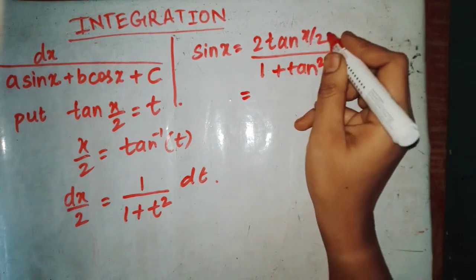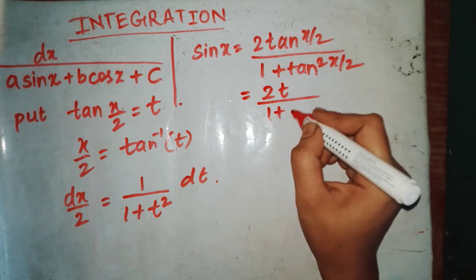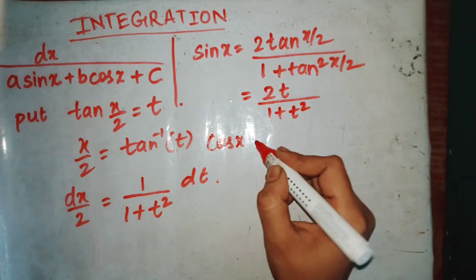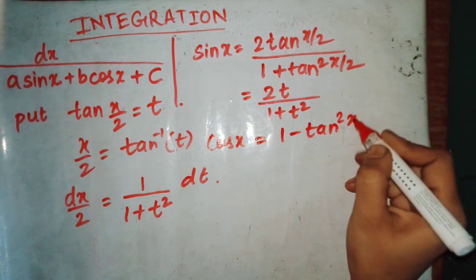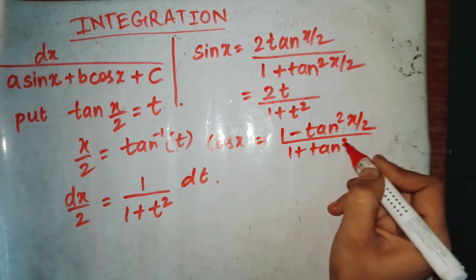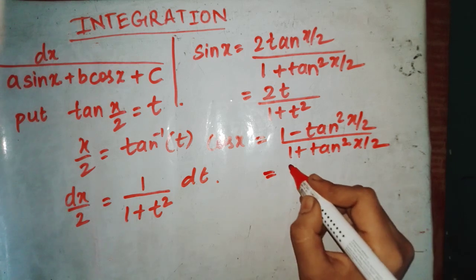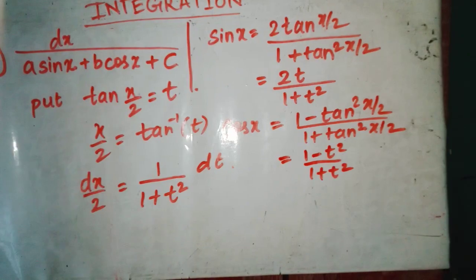So in place of tan x by 2 you have to write t. So sin x is 2t upon 1 plus t square, and cos x is nothing but 1 minus t square upon 1 plus t square.